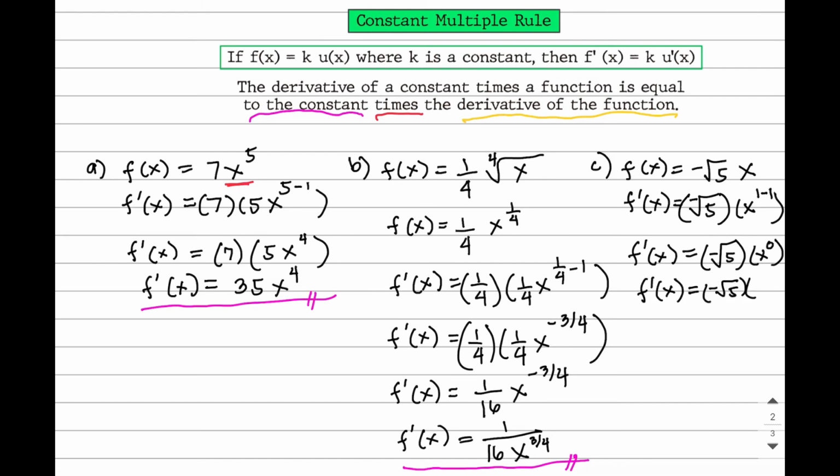Okay? Any number or variable raised to 0, the answer is 1. Kaya, this is 1. Simplifying, this becomes negative square root of 5. Then, this would be our final answer.